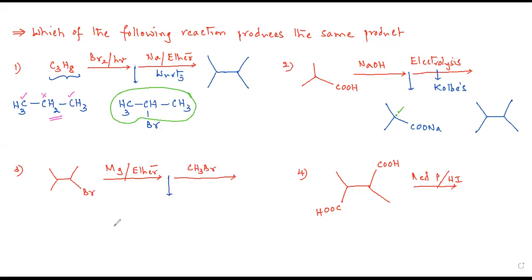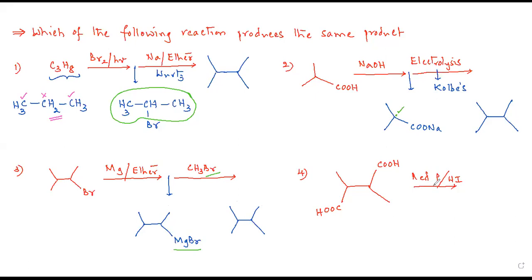Say the full mechanism. Now going for the third one. Formation of Grignard reagent. Now on further reaction with methyl bromide, it's very simple. Remove MgBr2, add CH3 over there. What do we get? A CH3 here need not be written, of course.